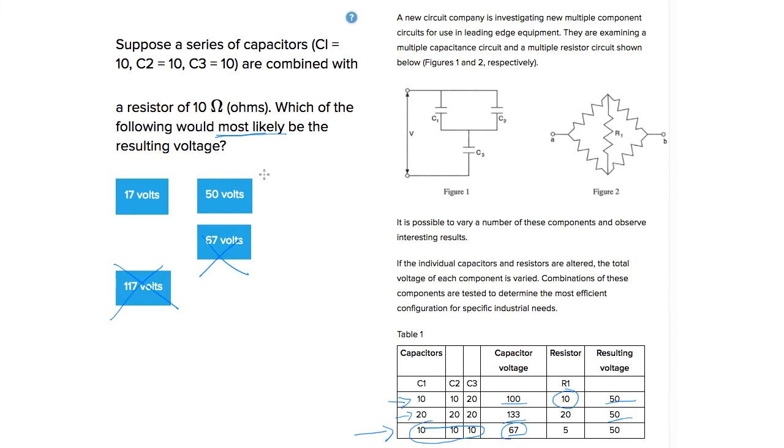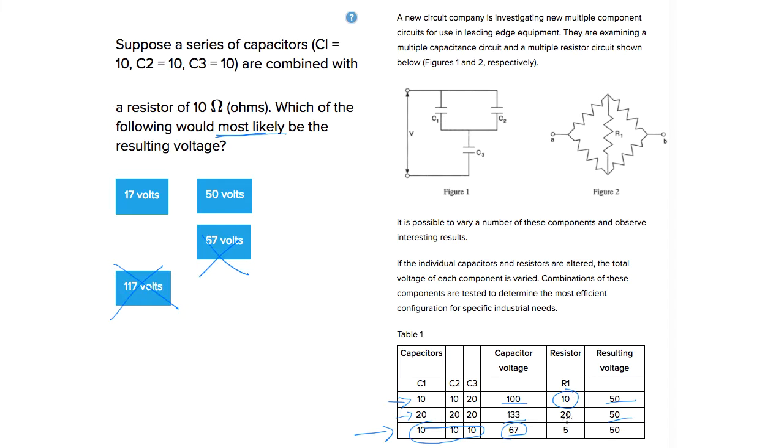Now, it's a little trickier here because both of the next answer choices, 17 volts and 50 volts, are smaller than 67 volts. However, we can also see that the size of the resistor, so the 5, 10, 20, increases the amount of resistance, so it changes the magnitude of the voltage change proportional to the size of the resistor.